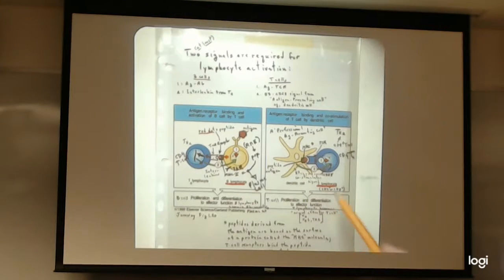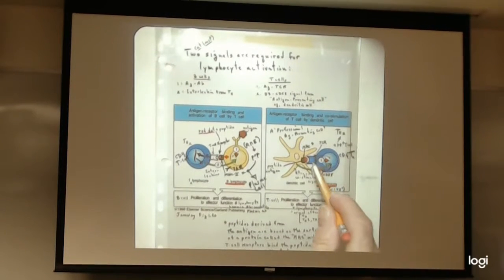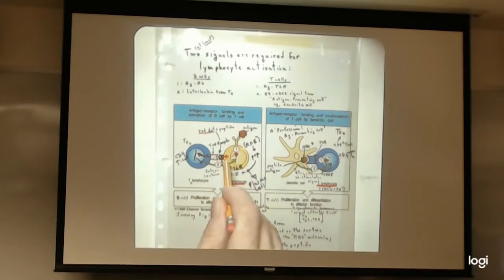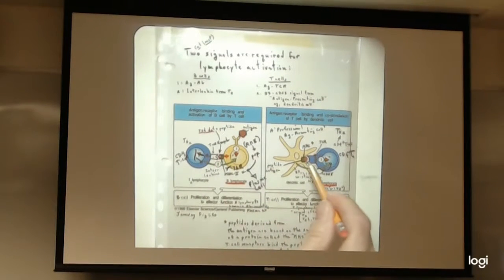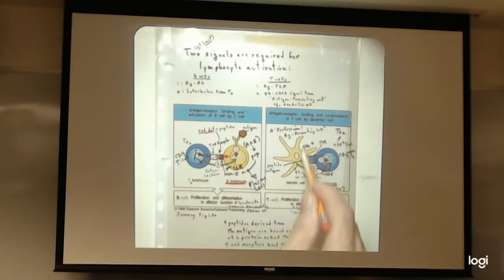And similarly, a naive T cell here, it will become its T cell receptor. Well, again, I didn't elaborate on this over here, but the T cell receptors encounter their cognate antigen in the form of a small peptide as presented by a so-called MHC molecule.